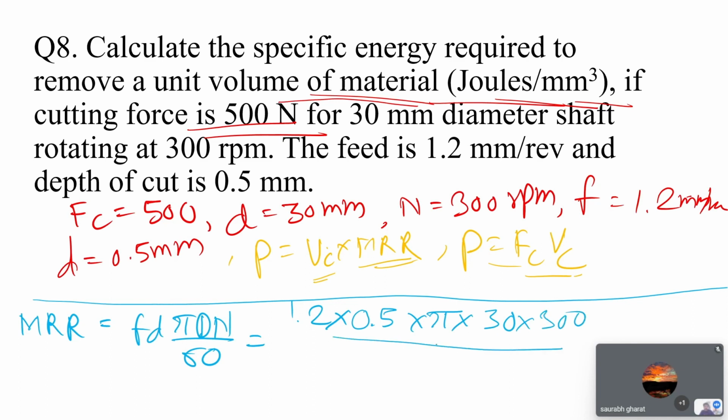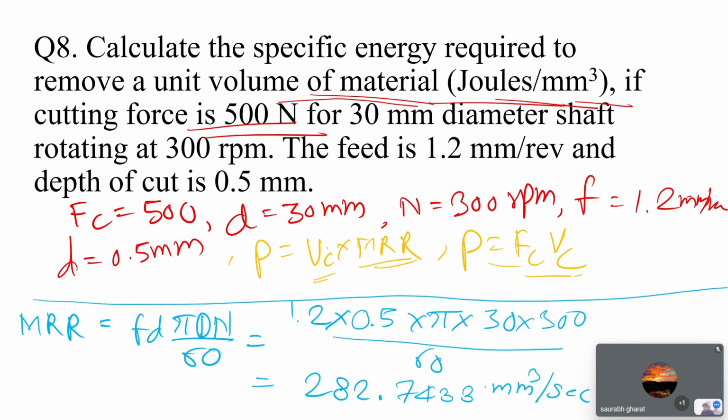You have to put in RPM because you always divide by 60, so it will be in seconds. So MRR will be in millimeter cube per second. MRR is 282.743 millimeter cube per second.